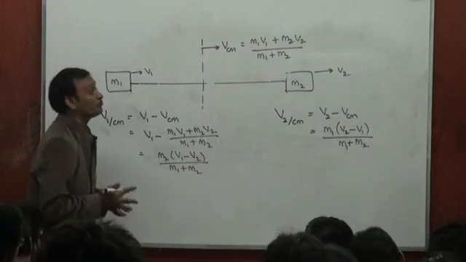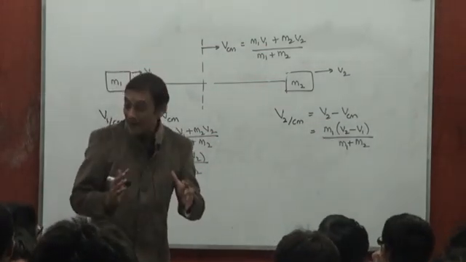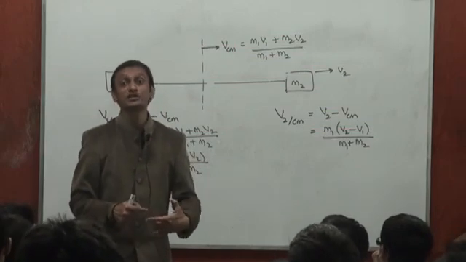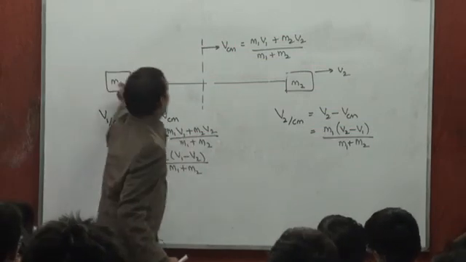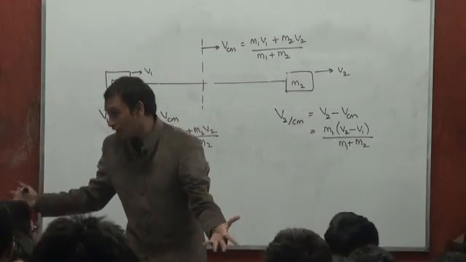Now, both v1 minus v2 and v2 minus v1, the magnitude of these numbers will represent the relative velocity between 1 and 2, yes or no, right?